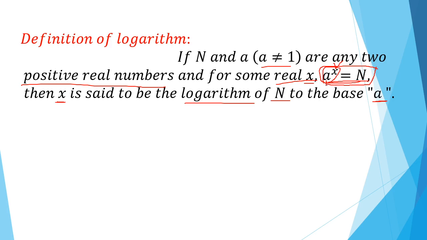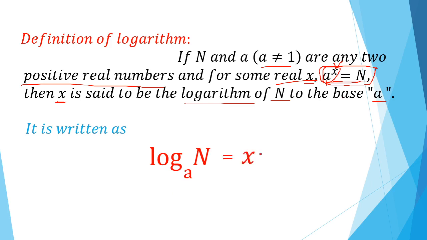Base is a. So in logarithm also, base remains the same. Are you following? Now x is the logarithm of n to the base a. We should write it like this: logarithm of n to the base a, and this answer is x.